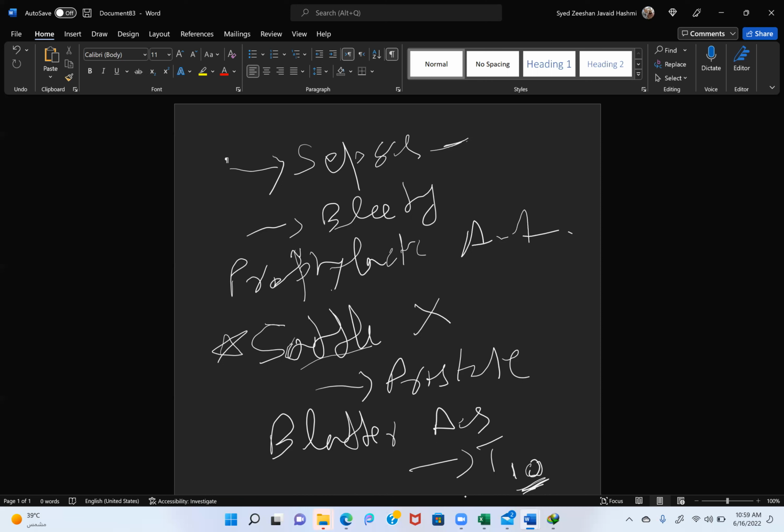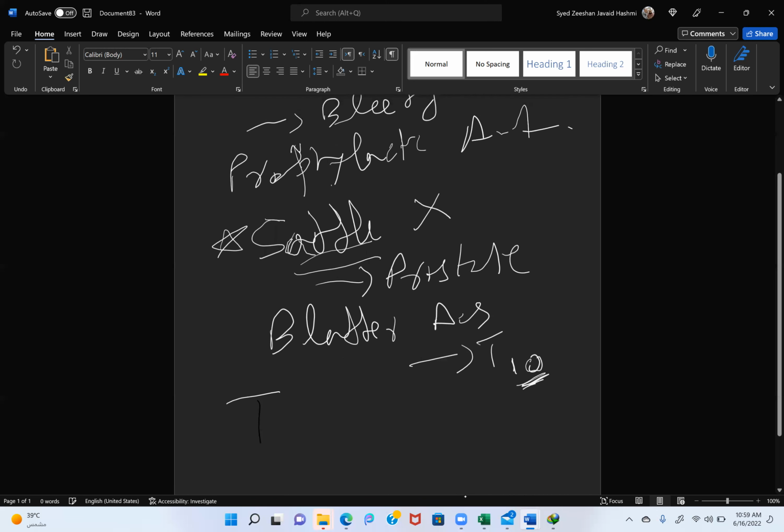But what will be the problems with it? The patient may be moving the legs if you are only giving saddle. This is more so not in TURP but in TURBT, bladder tumor.